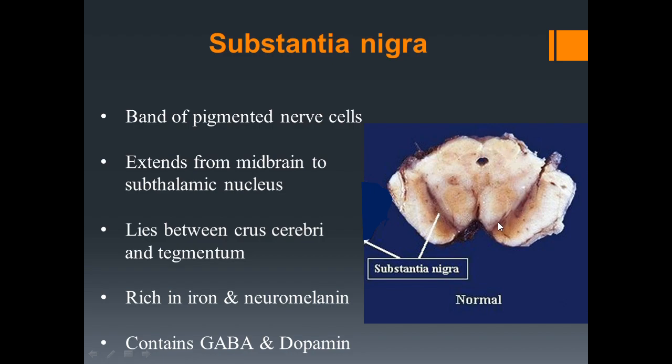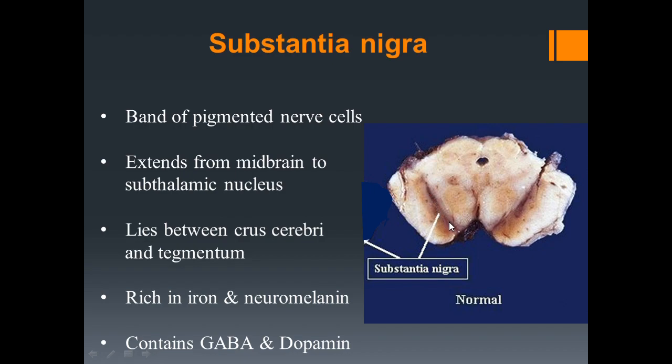So the substantia nigra lies between the crus cerebri and the tegmentum. Between crus cerebri and tegmentum, you can see a thin band of pigmented nerve cells, black in color. This is called substantia nigra.